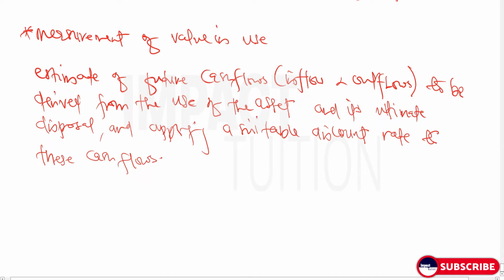When we've determined these future cash flows from the use of the asset and its ultimate disposal, we apply a suitable discount rate to these cash flows, discount them, and what we will have is the value in use.